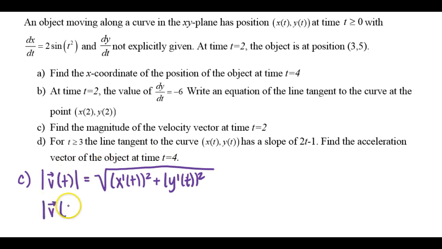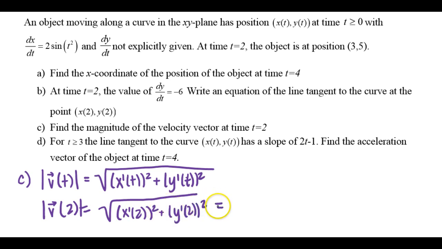So it's the square root of x prime of 2 squared plus y prime of 2 squared. Well, y prime of 2 is dy/dt at 2, which I was given in part B, so the squared quantity here is 6 squared. And to find x prime of 2, I did that in the previous part as well, just substitute 2 into dx/dt.